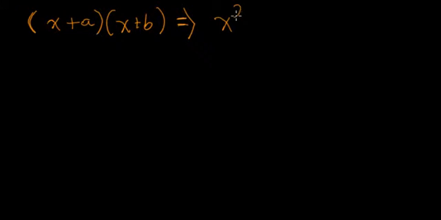But x plus some number and x plus some other number, when we combine them, we get a particular form, which in this case would be x squared plus ax plus bx plus a times b. Right? That's generic. And so we're going to look at the form that comes out of this and how to reverse it.